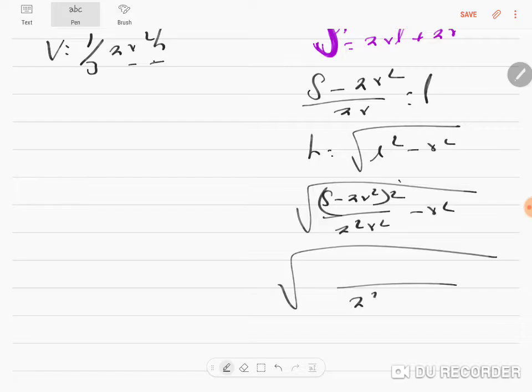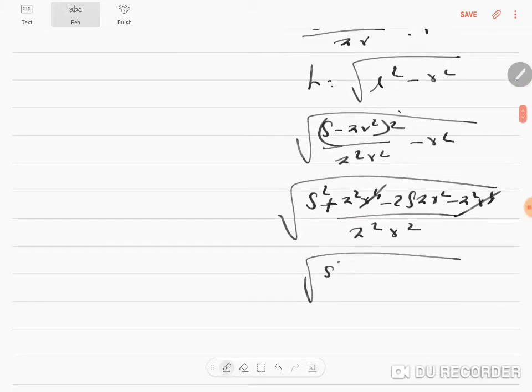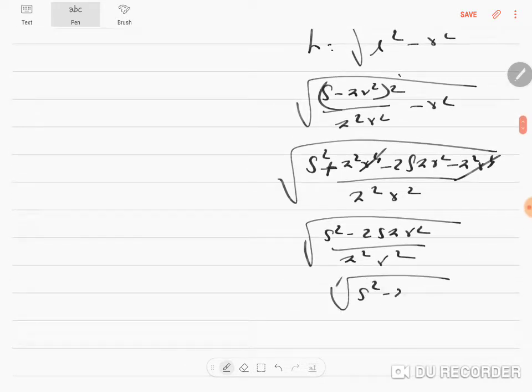When you solve this, you get root of S square minus 2S pi r square by pi square r square, and take it out of the root: root of S square minus 2S pi r square, by pi r.